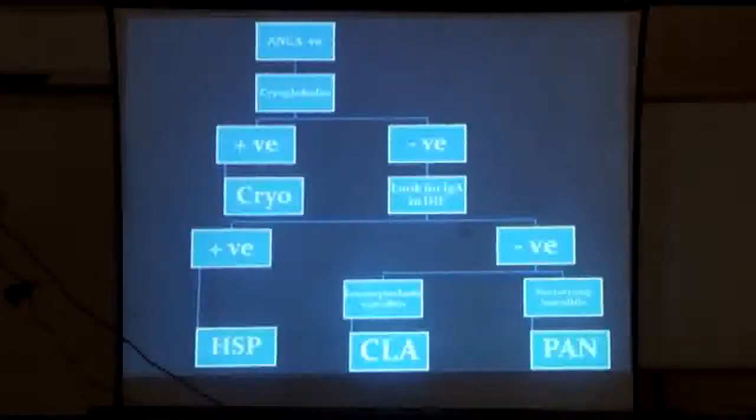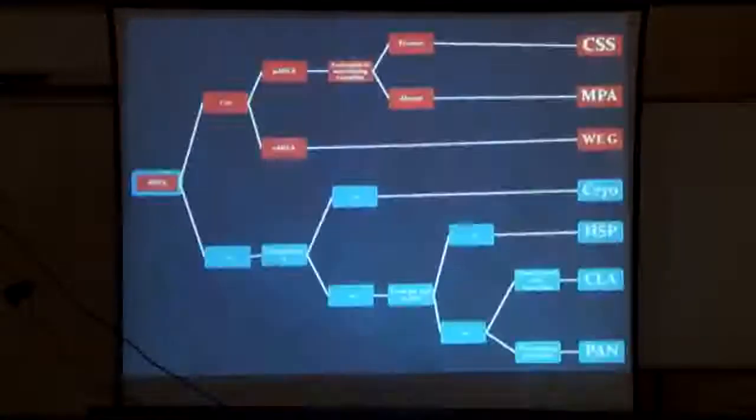If IgA is present, you're looking at HSP, Henoch-Schönlein purpura. If your IgA is negative, then it could be a cutaneous leukocytoclastic vasculitis, or it could be a polyarteritis nodosa. So this is very, very easy with the ANCA positivity and ANCA negative, with a few additional tests to differentiate these conditions.